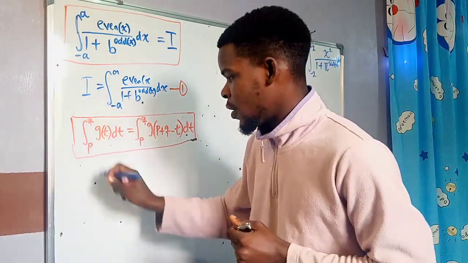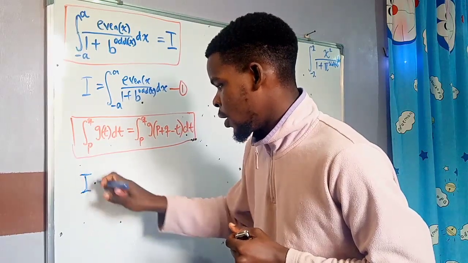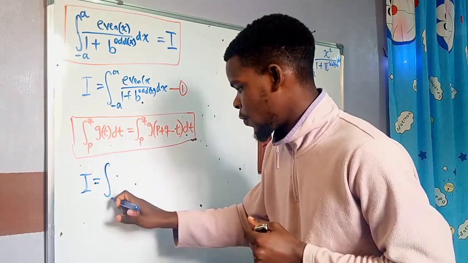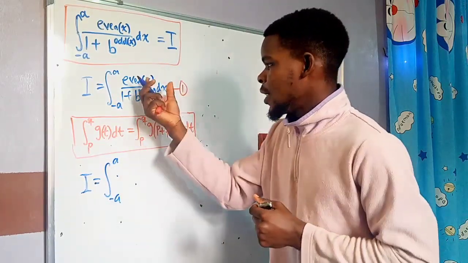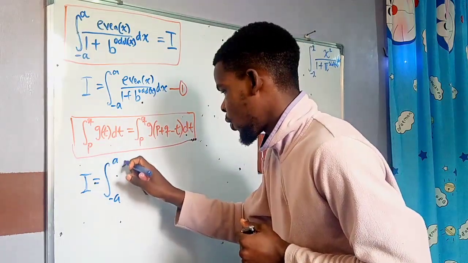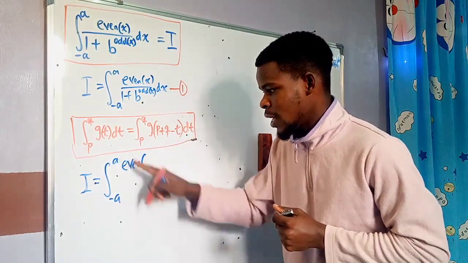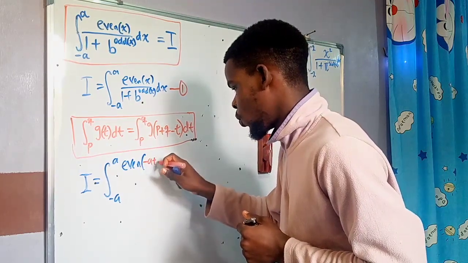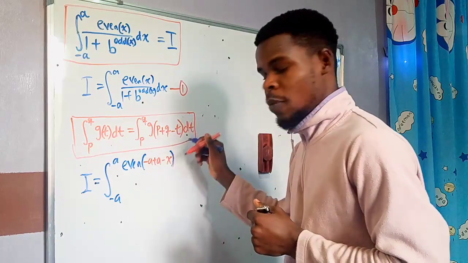That means this integral, this I, can be written as I to be the integral, take note, the bounds will still remain, from negative a to a of, now, this function, we are going to replace it with this particular input. That will be the even function of x. In place of x, I'm going to add these two together and then subtract x, right? So we're going to have negative a plus a minus x, just by using this property right here.